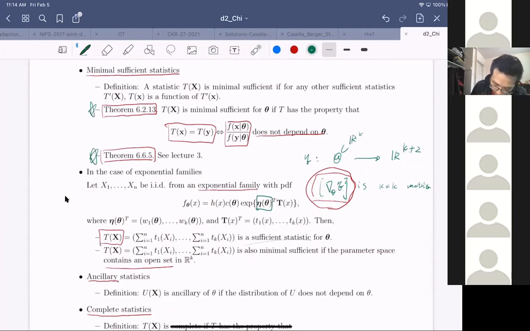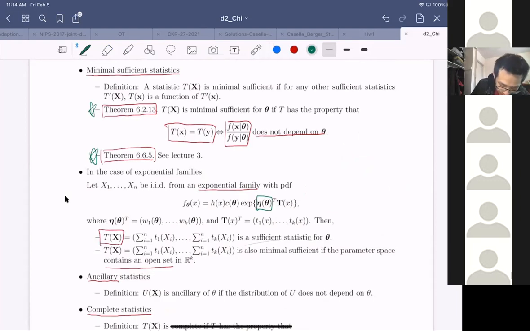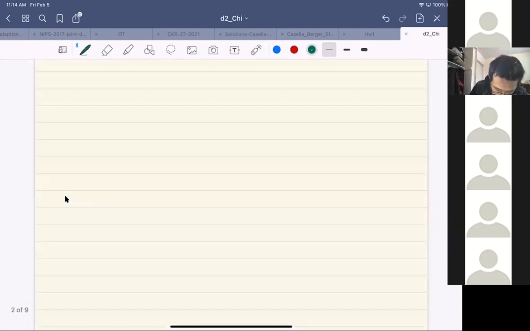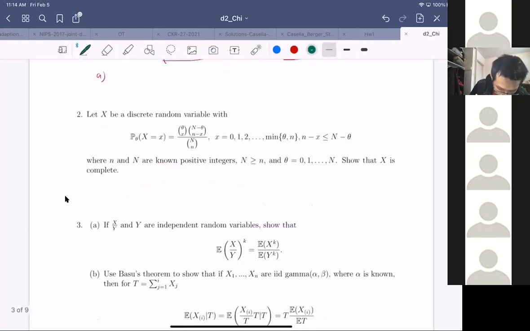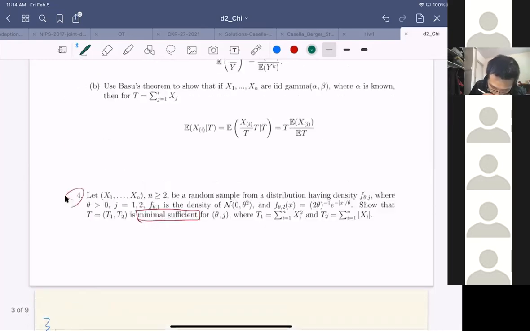You have to choose one. Usually both theorems can hold, but sometimes one may be easier. And in B, you just check the definition. Problem 4 also is about minimal sufficient.